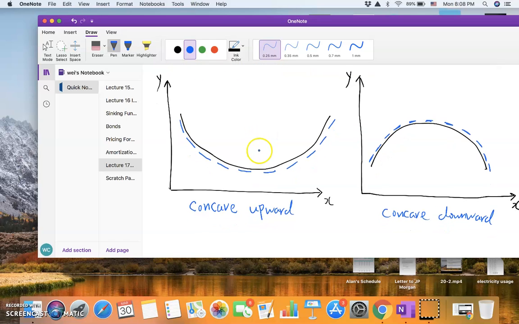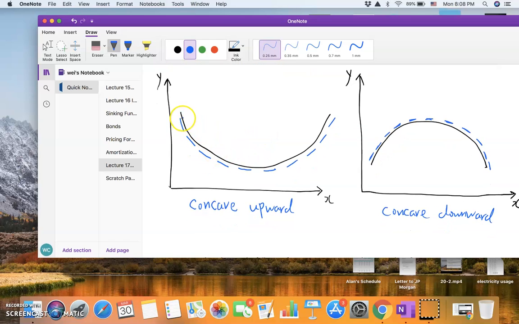According to this definition, this function is concave up because all the tangent lines are below the graph of the function, and this function is concave down because all the tangent lines are above the curve.